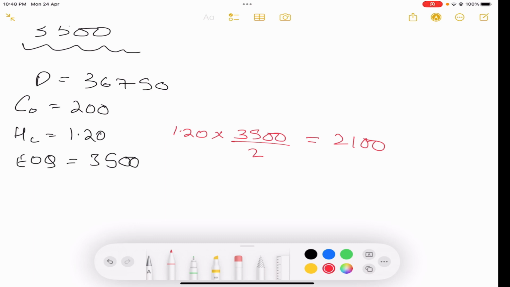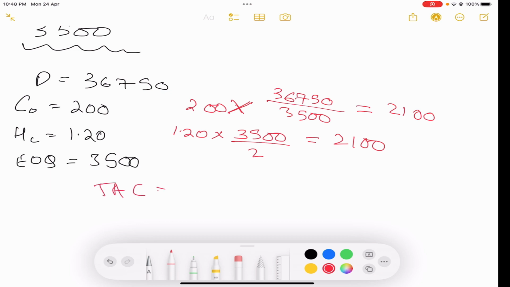How will I find my ordering cost? Cost of one order multiplied by the annual demand divided by the order quantity, so 36,750 by order quantity. That would give me 2,100 again.